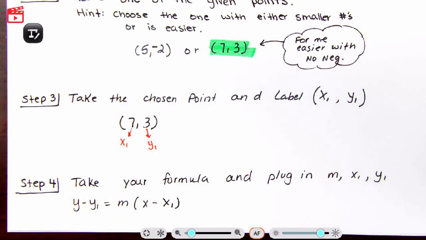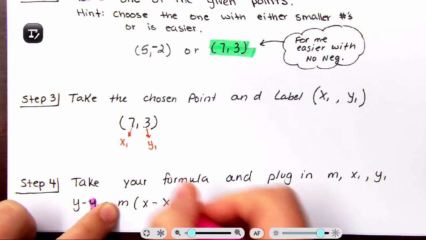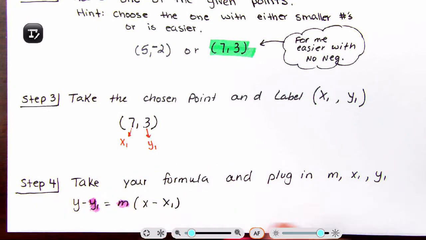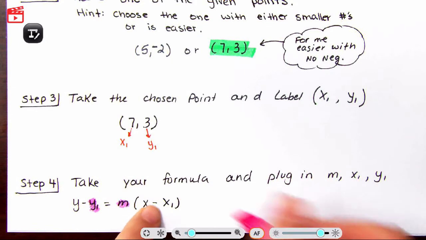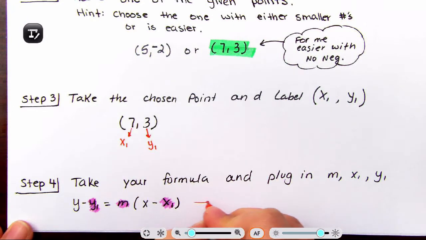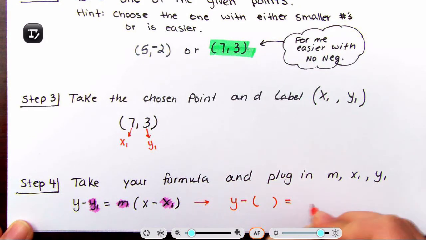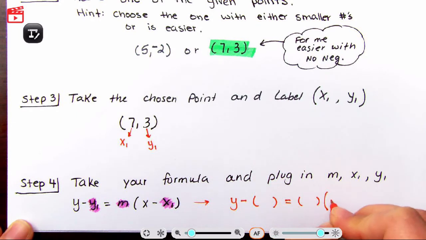So again, we're playing the keep, change game. Keep the y, keep the minus, change the y. M is your slope, so we change it, and we play the keep, change game. Keep, change. So how is that going to look like? It's going to be keep, change equals slope, keep, change.